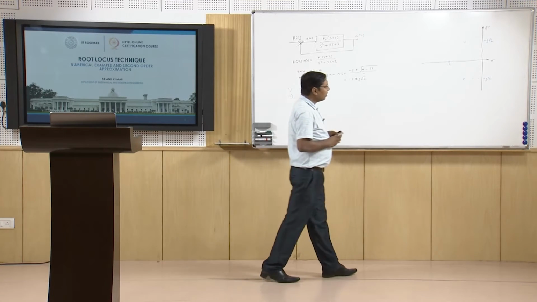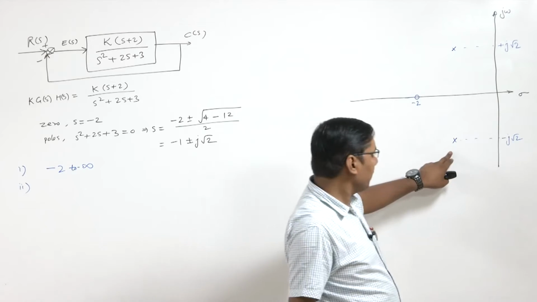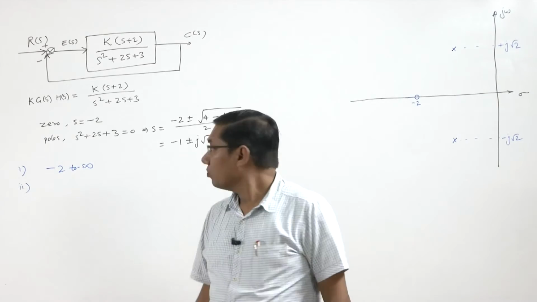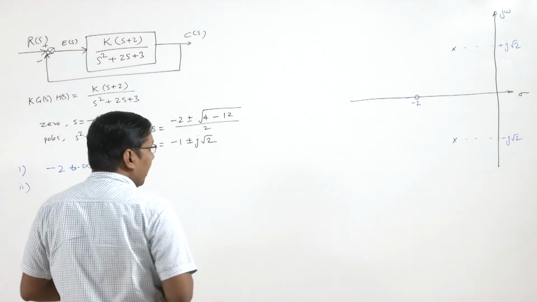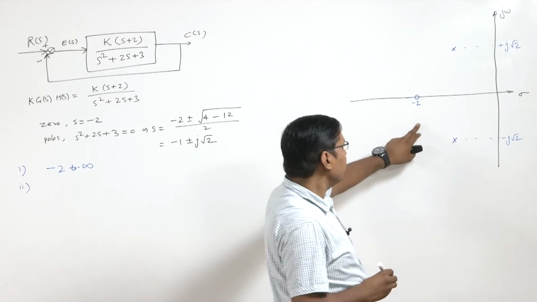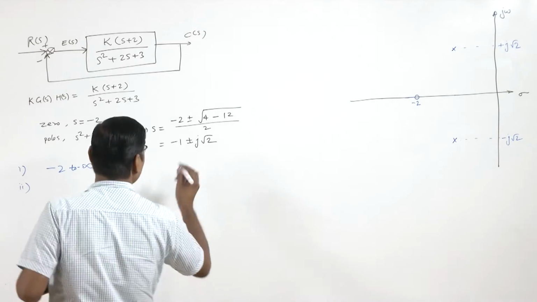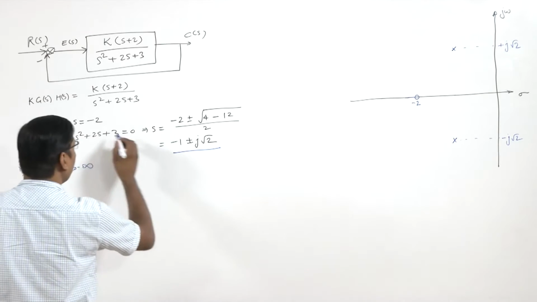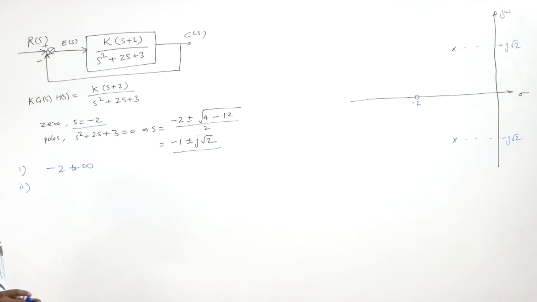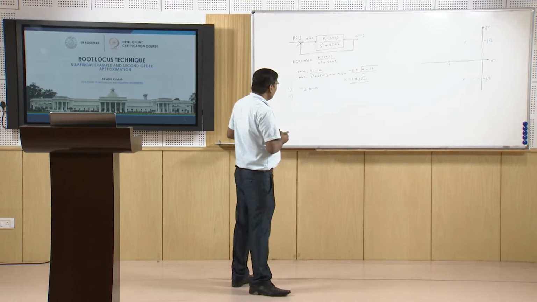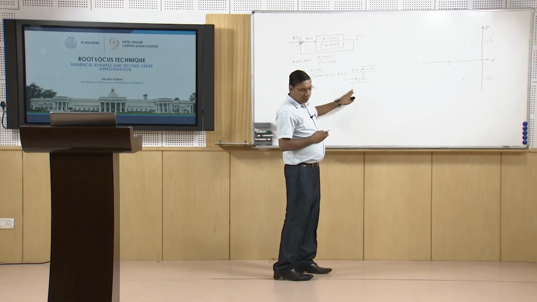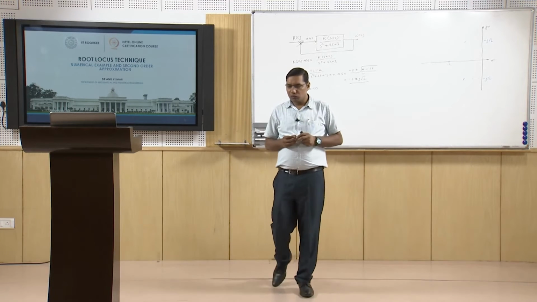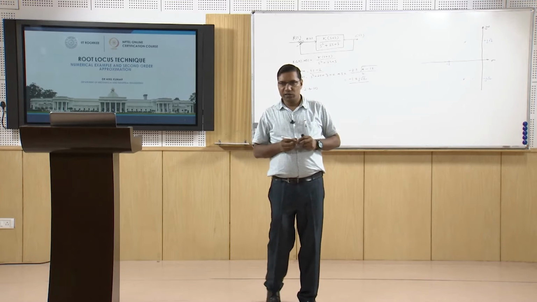Now the root locus will start at poles, finite and infinite poles, and it will end at zeros. We see that we have two finite poles and one finite zero. The total number of finite plus infinite poles equals the total number of finite plus infinite zeros.